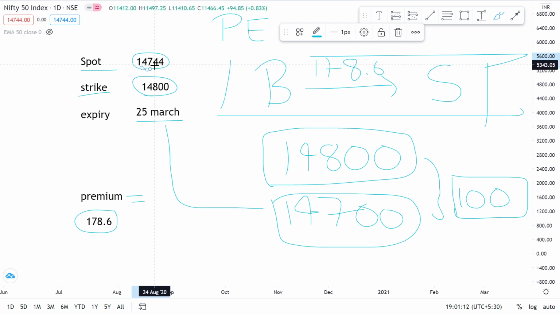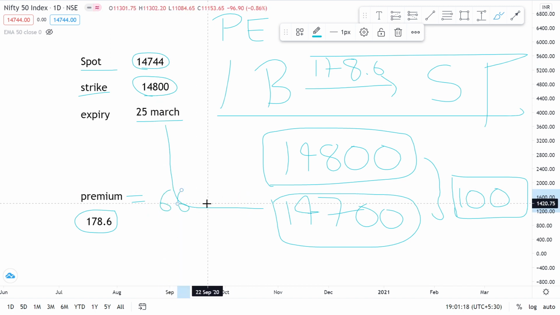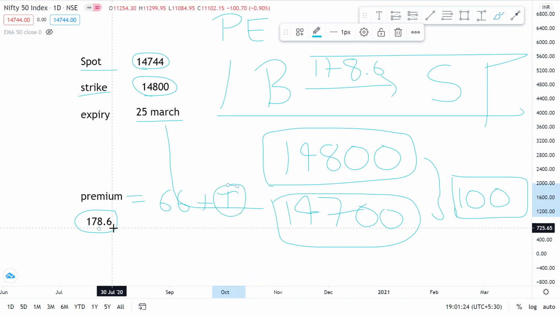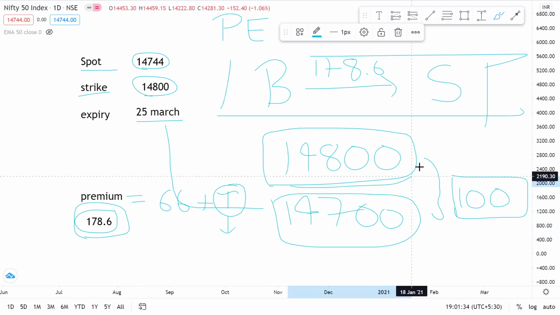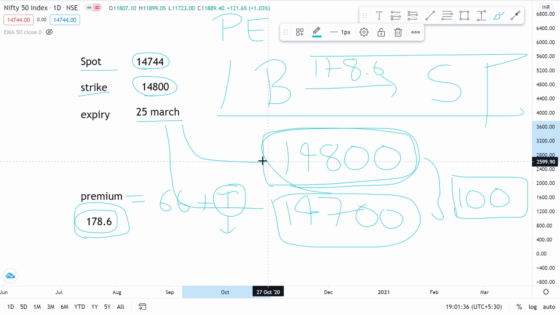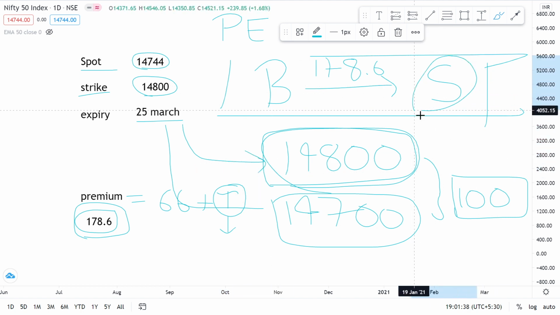Now 14,800 minus 14,744, that is 56, is the intrinsic value, plus you have a time value. Now this time value, again you have 178 minus the intrinsic value, that is your time value. So this 178.6 you are paying for the guarantee that you can sell one Nifty at 14,800 on the 25th of March to this guy, to the option seller.